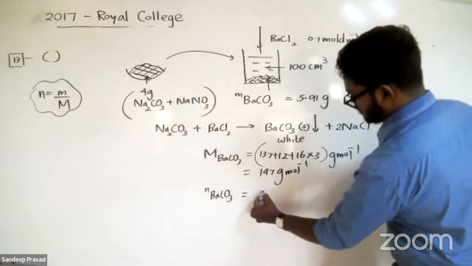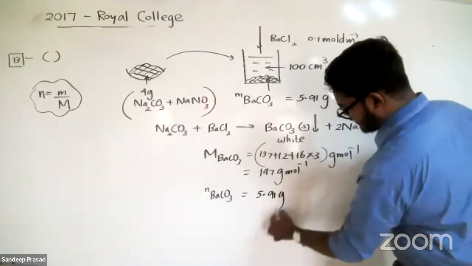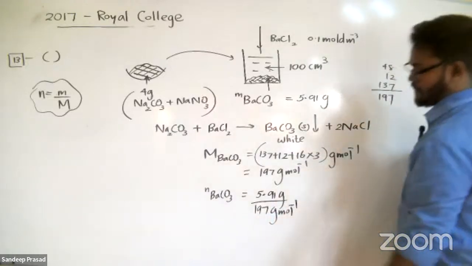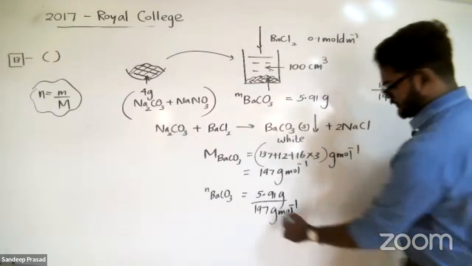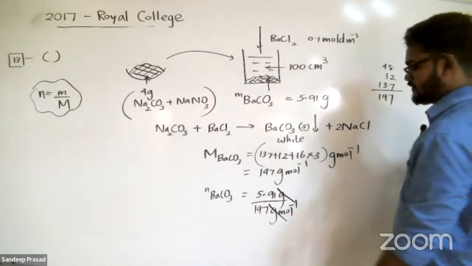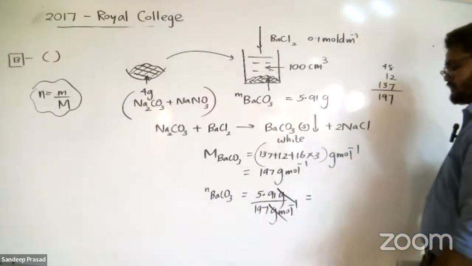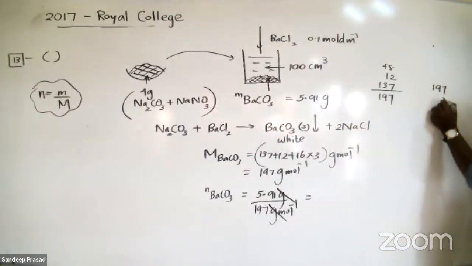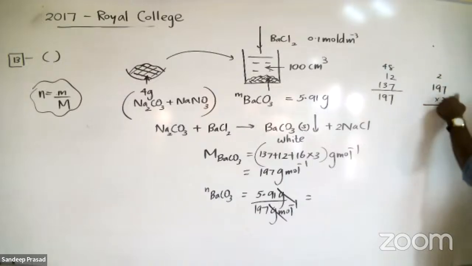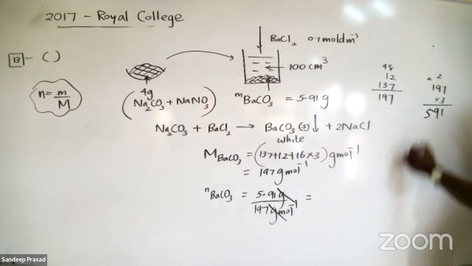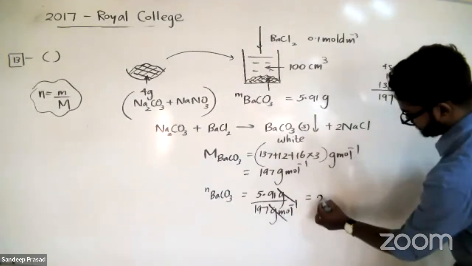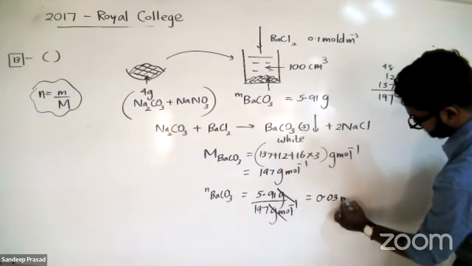Yes, we can. Mass divided by molar mass gives us number of moles. Grams cancel off. 5.91 divided by 197. If you multiply 197 by 3, you get 591. Correct. So therefore, the answer should be 0.03.